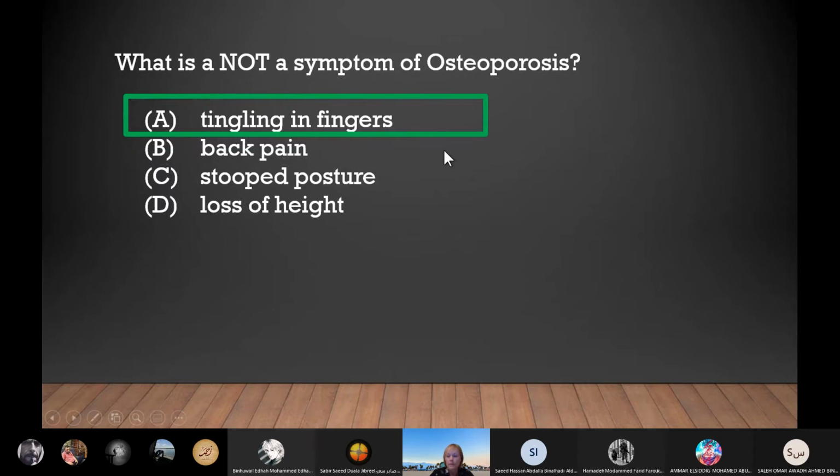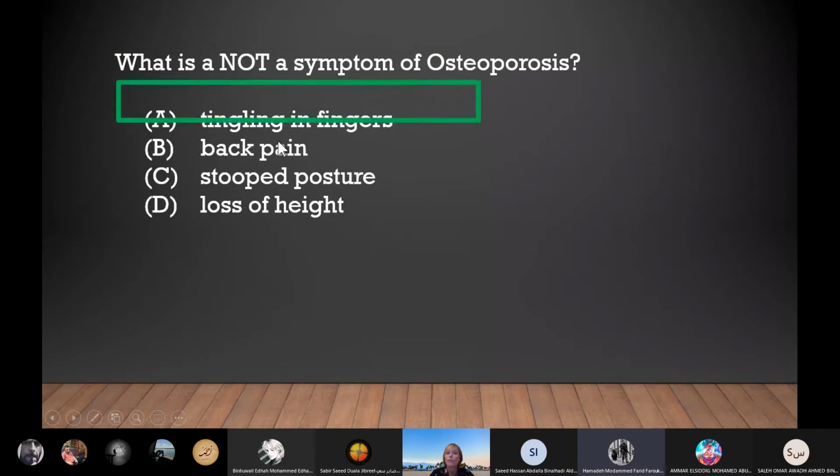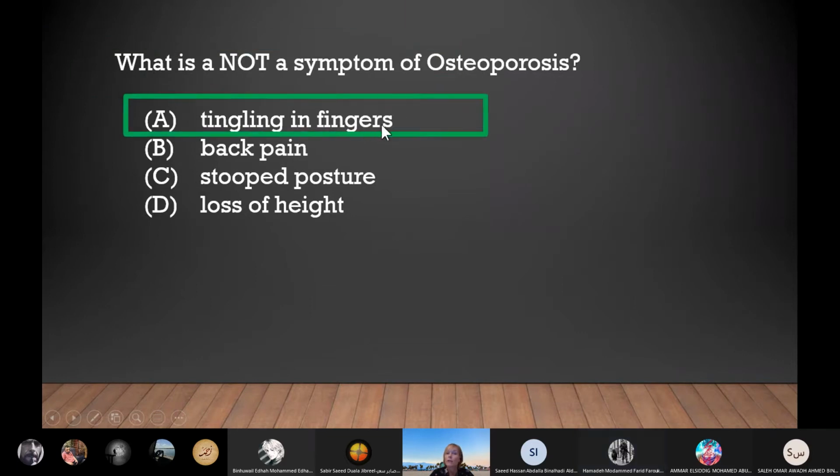Okay, so I've just given you the answer here, but which of these is not a symptom of osteoporosis? Is it tingling in the fingers? Is it back pain? Is it stooped posture, or is it loss of height? Tingling fingers. That's right. So when would we have tingling fingers? Does anybody know? That was Parkinson's.